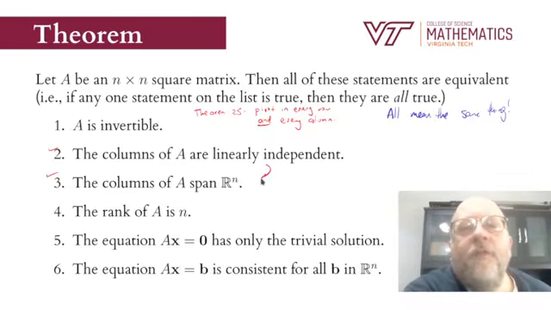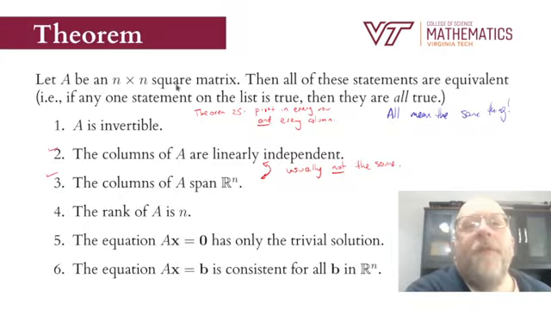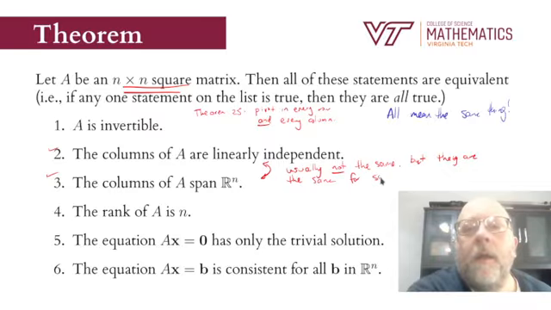Normally, these two things are not the same. But because the matrix is square, having a pivot in every row means that we have a pivot in every column.